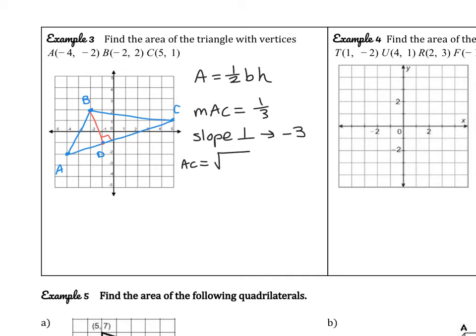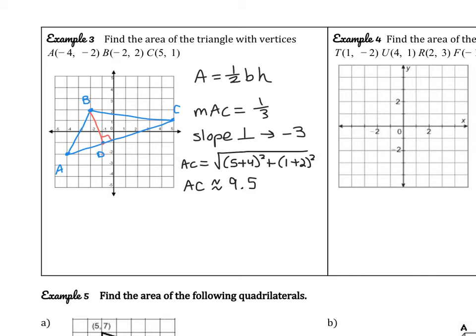So we can do the square root of 5 minus -4, so plus 4 squared, plus 1 minus -2 squared. If we're going to round to the nearest tenth, we get approximately 9.5 units as the length of AC.